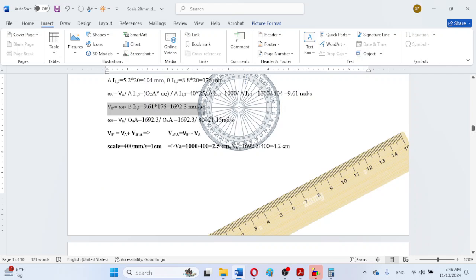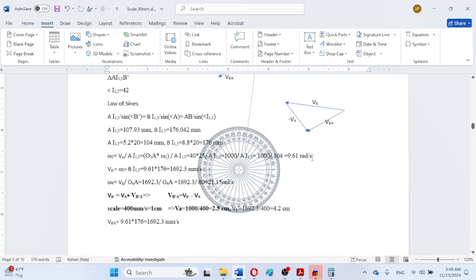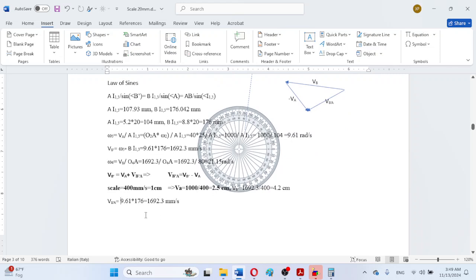If we just copy this line and modify here that vb dash a will be equal to, according to scale, 2.9 centimeter, and our scale was equal to 400 millimeter equal to 1 centimeter.